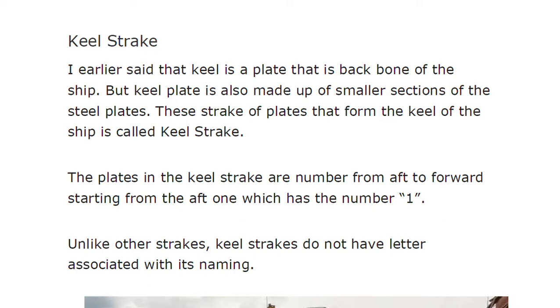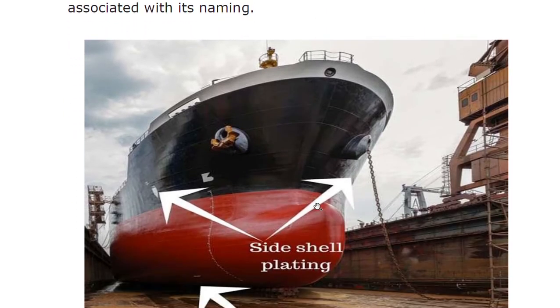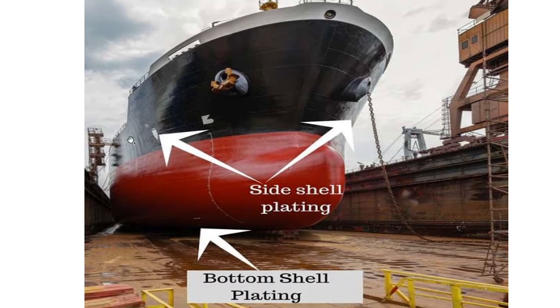The plates in the keel strake are numbered from aft to forward. Now when we talk about numbering of the ship, there are two types of thing, I'll show you the diagram. One is the side shell plating, the other one is the bottom shell plating.